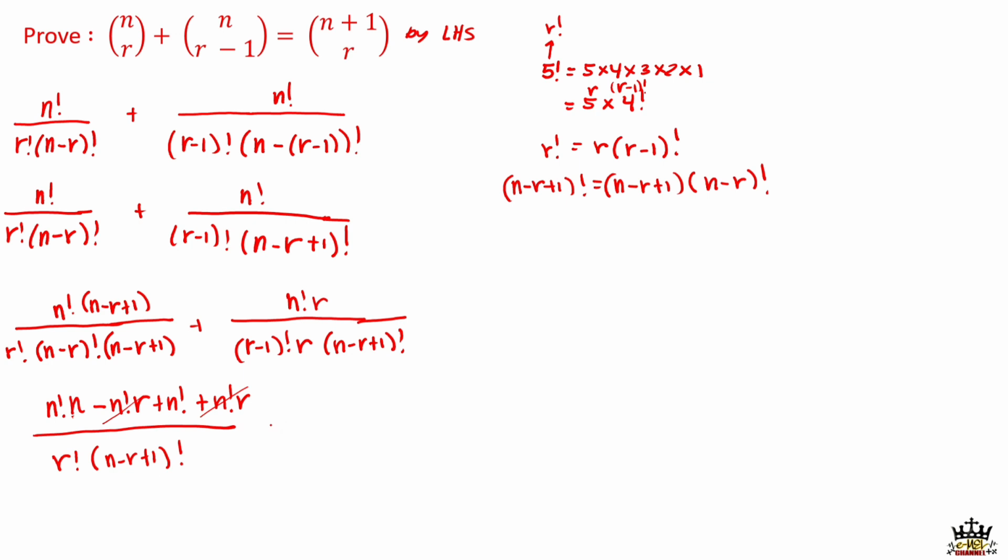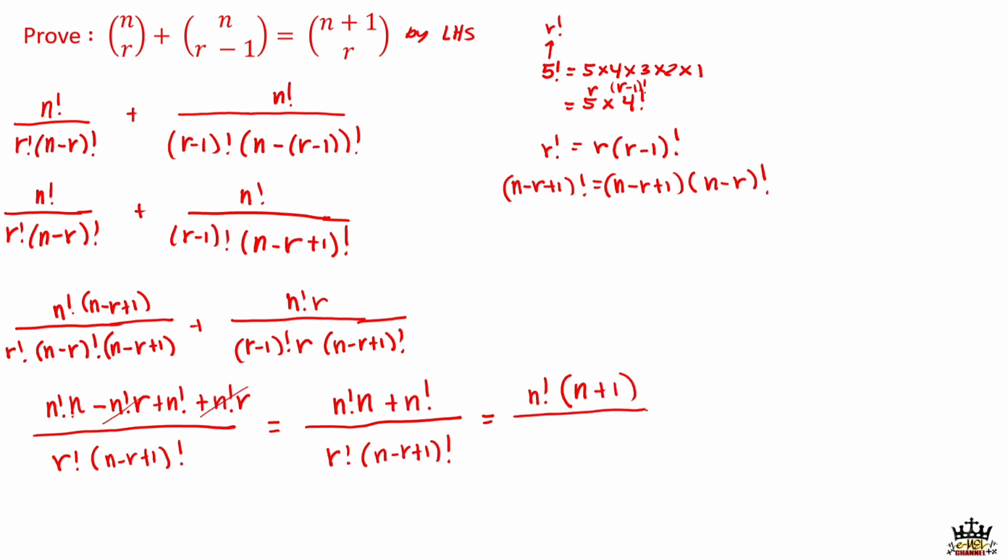So the remaining equation is n factorial times n plus n factorial over r factorial times n minus r plus 1 factorial. Then, using factoring, factor out n factorial: n factorial times n, plus 1, over the denominator.